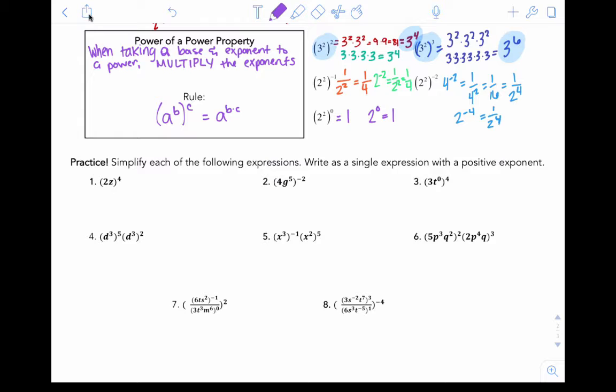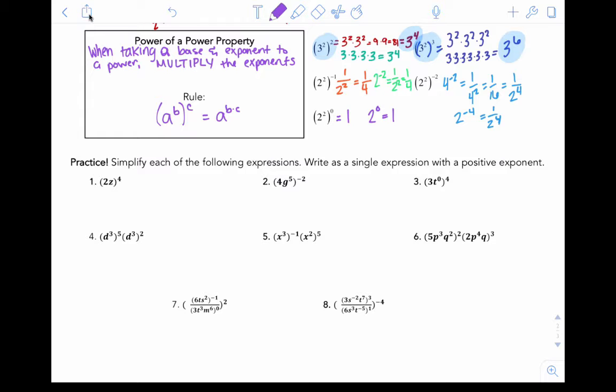When you do these, you always want to write your final answer as a single expression. So that means don't have a bunch of things being multiplied like this. It should all be one single expression. And they should have a positive exponent. So if you have an answer that has a negative exponent, you need to go one step further and write the inverse of it.